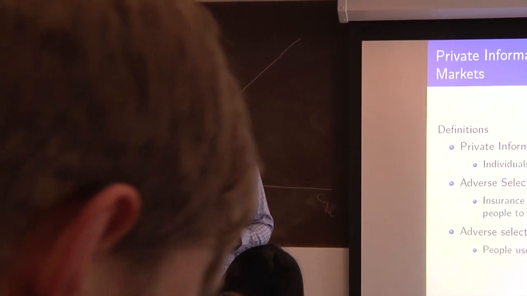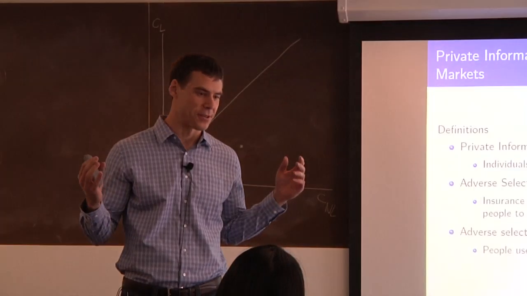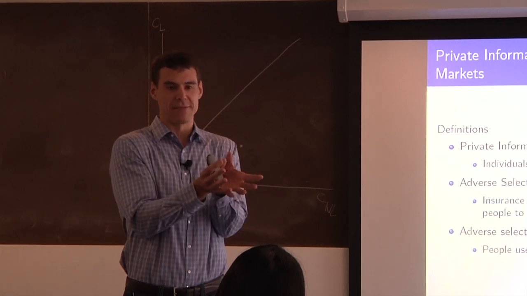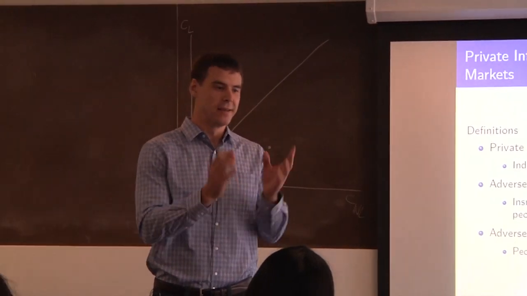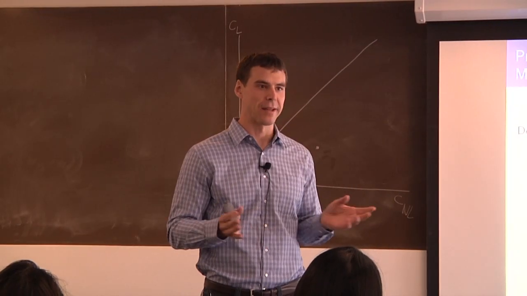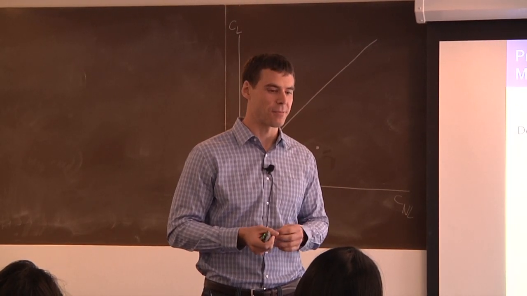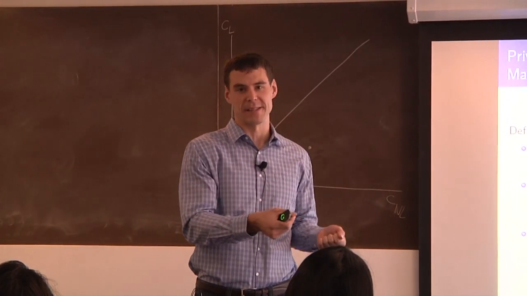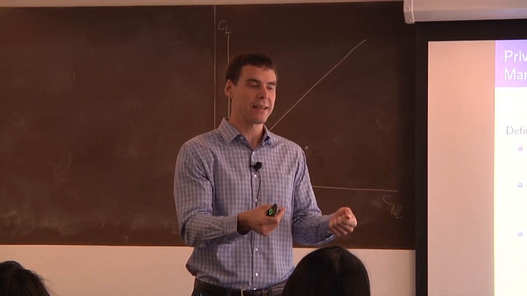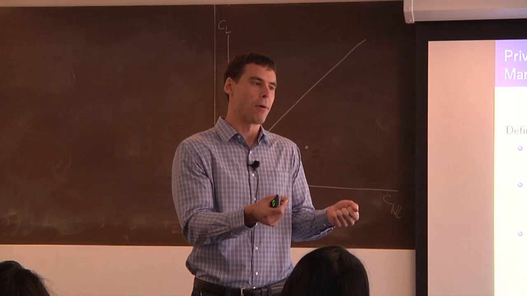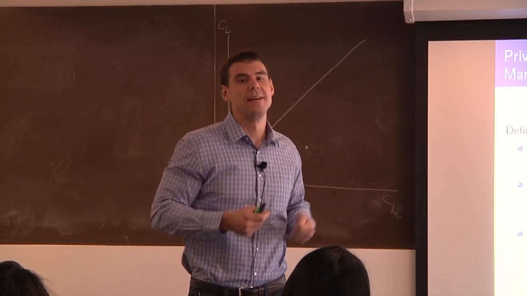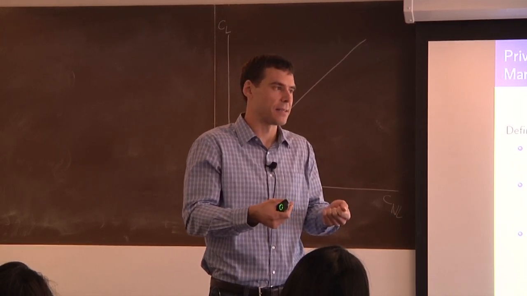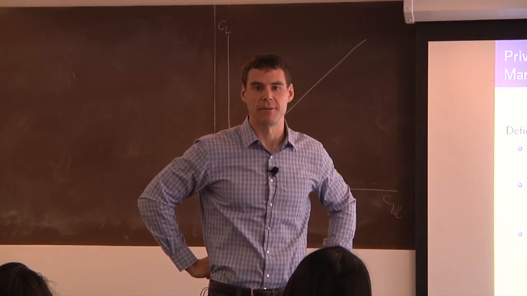You might imagine that you took one specific segment of the market, say a set of 55-year-old healthy males, and consider a health insurance contract that's offered to these people. That contract would be adversely selected if the costs imposed by the set of people who take that insurance contract are different than the average costs experienced by a group of 55-year-old males.